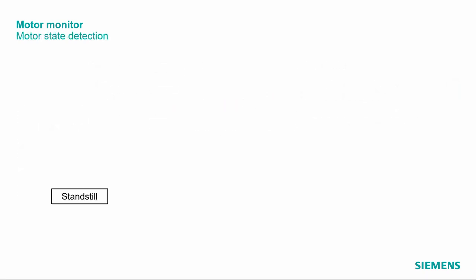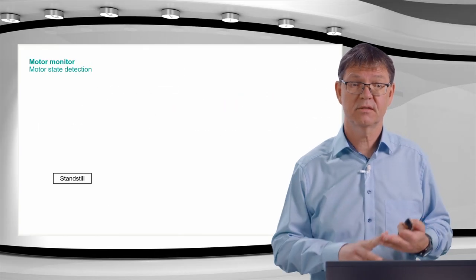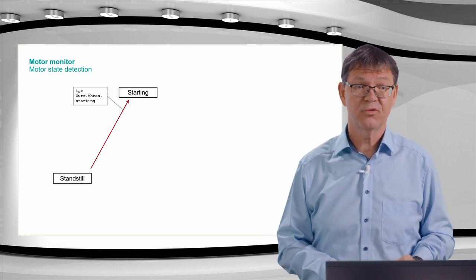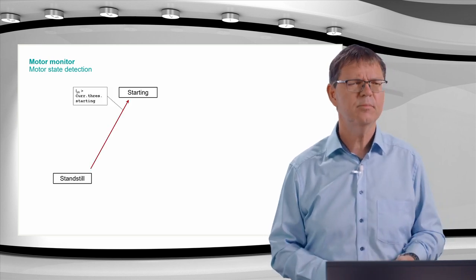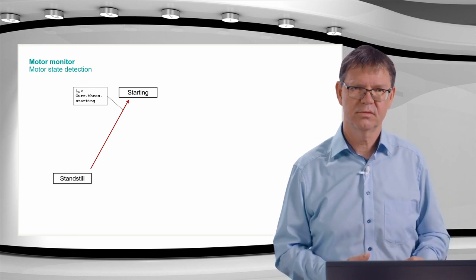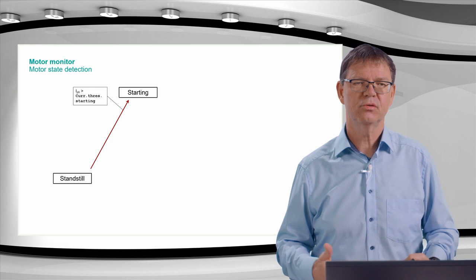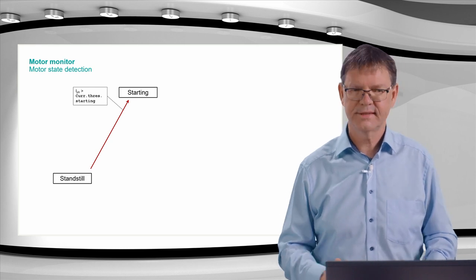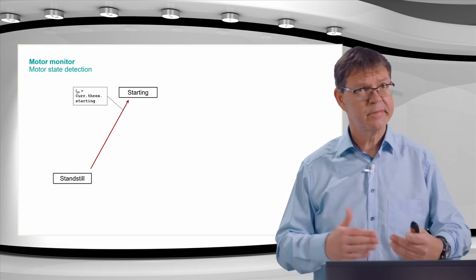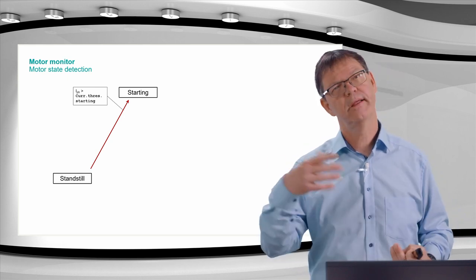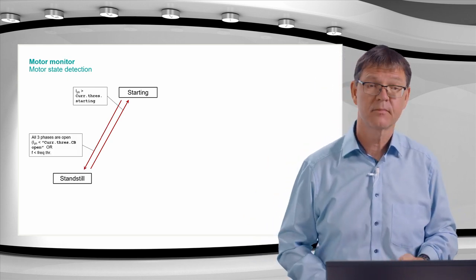Good, motor state detection. We have three states: the standstill, the starting, and we come from the standstill to the starting by exceeding a threshold. It's a setting in this motor monitor function, the current threshold starting setting, which we must place somewhere between the normal operational current of the motor and the starting current.